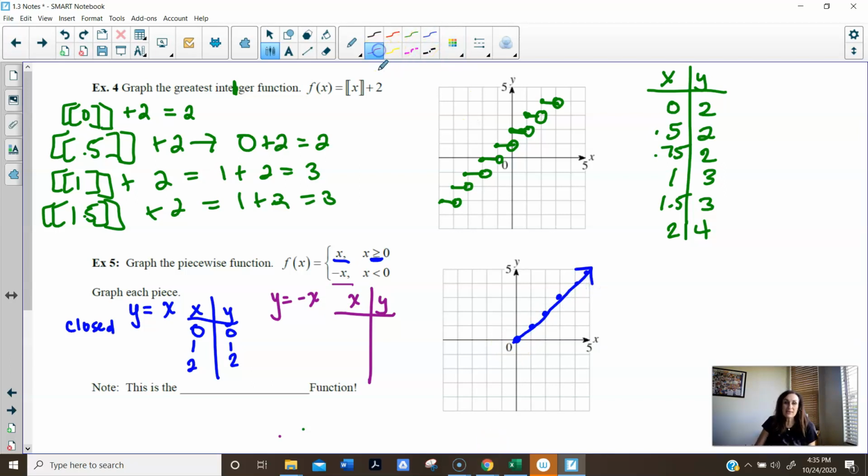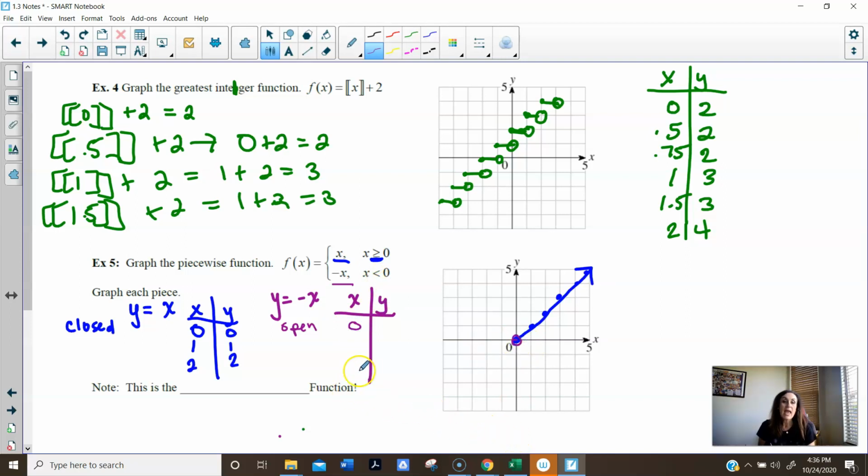Now let's look at the second piece. So the second piece is y equals the opposite of x, and this says x is less than 0. So it would be an open circle where you start, and even though it says less than 0, you want to start with 0. It would be an open circle here.